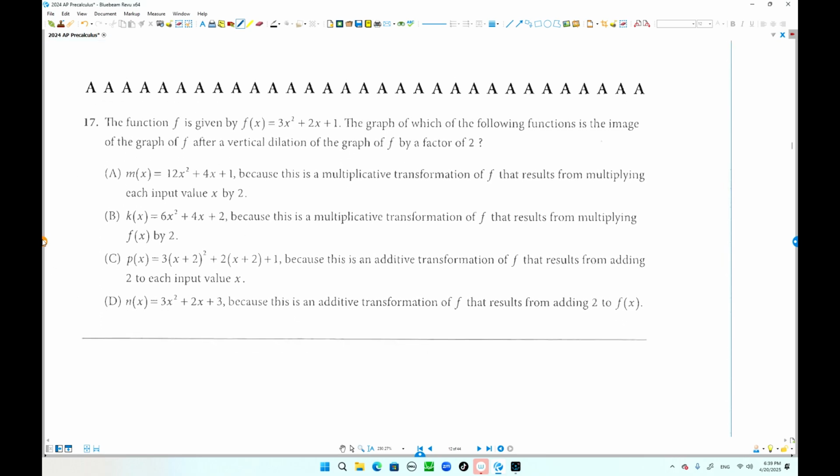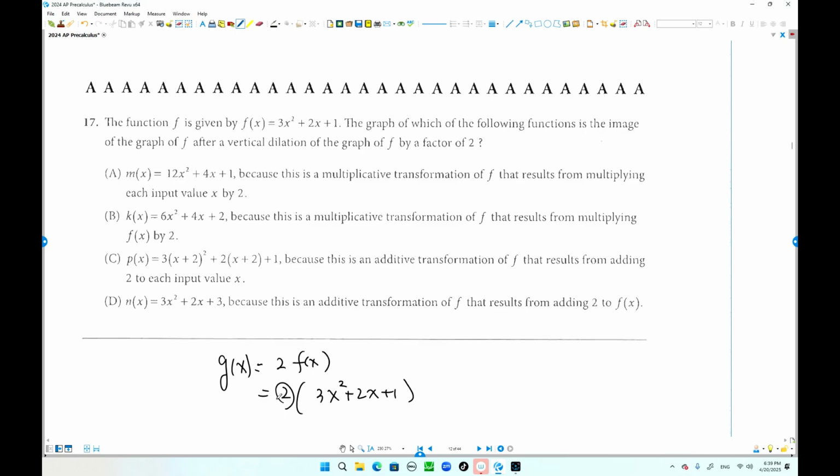So we have a polynomial function 3x squared plus 2x plus 1. After a vertical dilation of graph f by factor 2, the new graph must be 2 times f of x. That's it, right? So actually 2 f of x, with f of x being 3x squared plus 2x plus 1.